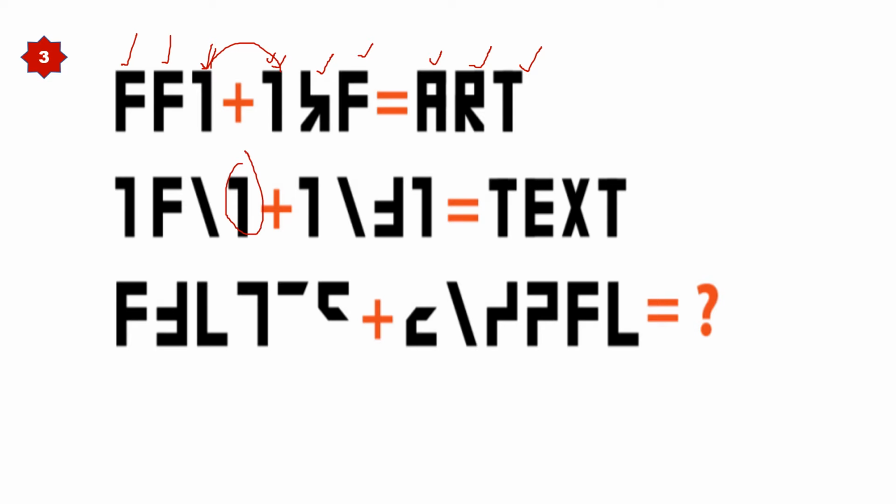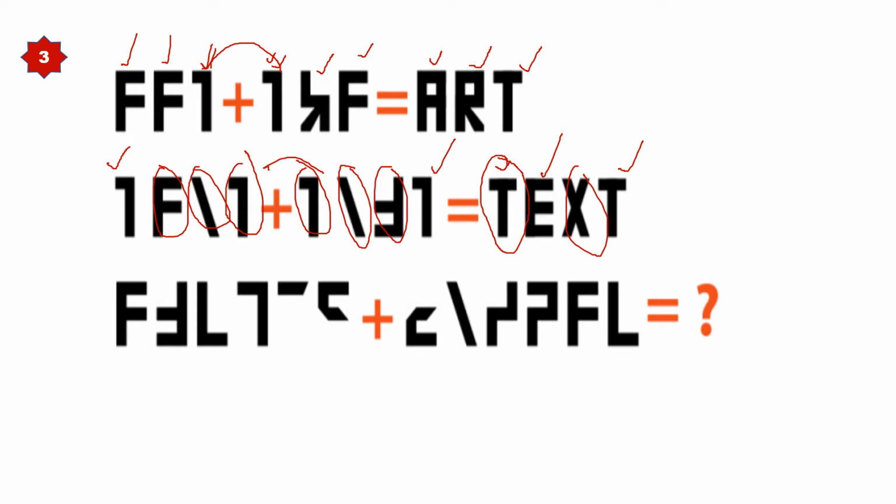This one and this one combine to form T. Then that is this T. Then this and this form X, isn't it? Then this one and this one form E. Then this T and this T can form this one, right? T. Like that way, just try.